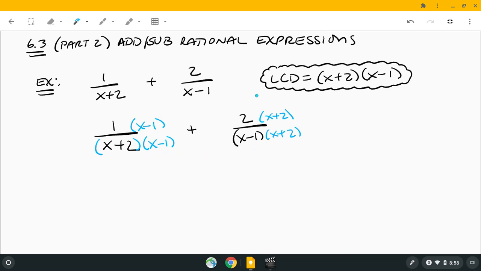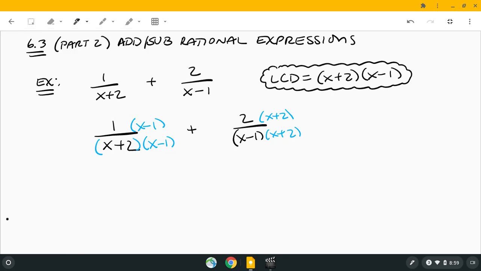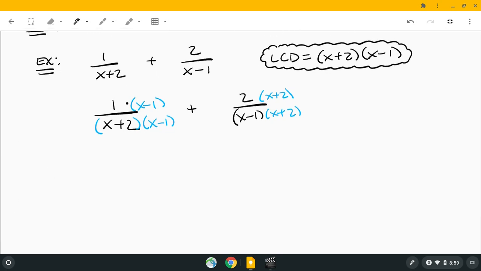Okay, so this first part, you find the LCD and you get your denominators to look like the LCD. Once you do that, then you can go ahead and multiply the numerators. We're only going to multiply out the numerators, not the denominators, and then we can combine the like terms in the numerators.